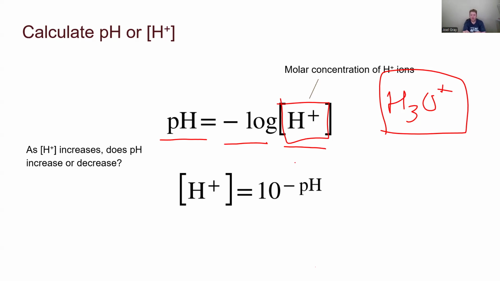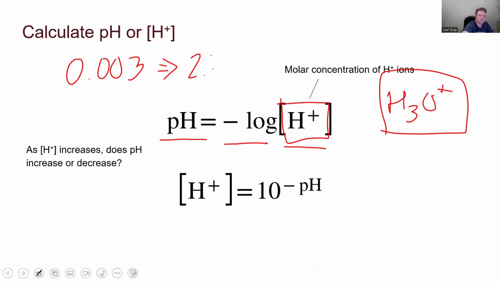Now, that is the hydrogen or hydronium ion concentration. 0.003 yields a 2.52 pH.